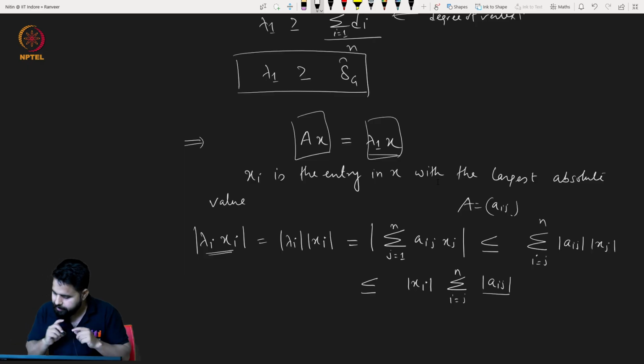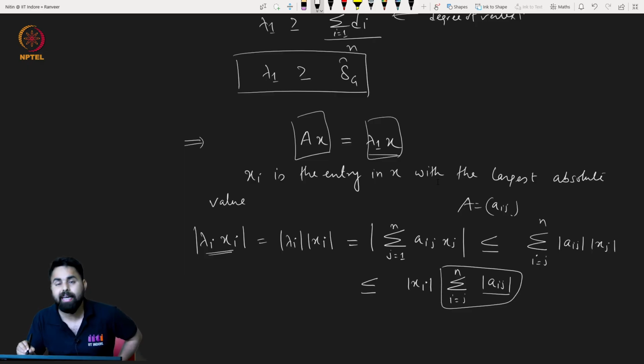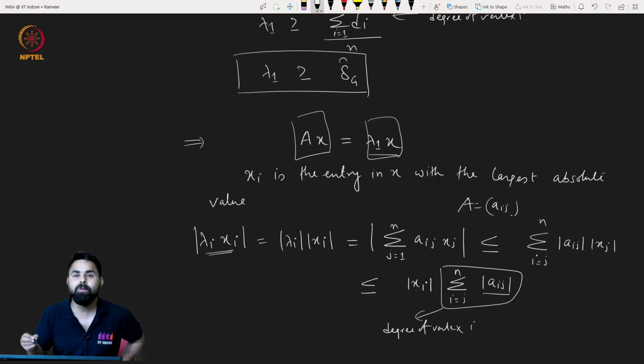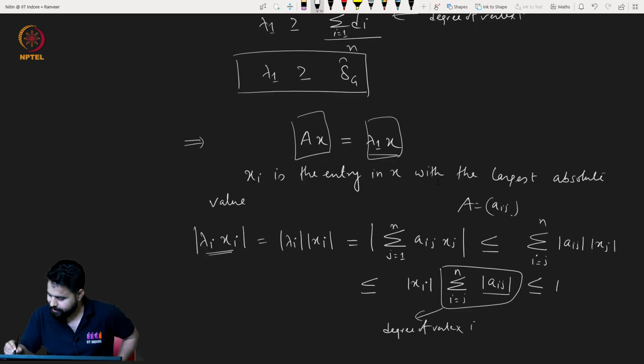Yes, this is correct. Now what next? If you see, this is nothing but the degree of vertex i, which is always less or equal to the maximum degree. So I can further write this as mod xi times the maximum degree.